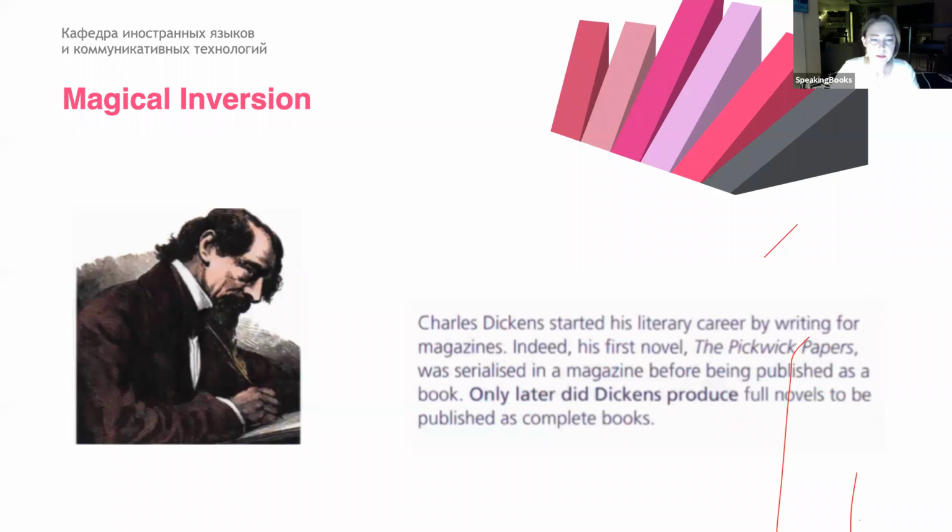Obviously, there were maybe just daguerreotypes, not photos, not cameras at that time. But what is important for us here is the sentence that is highlighted in bold. Only later did Dickens produce full novels to be published as complete books.